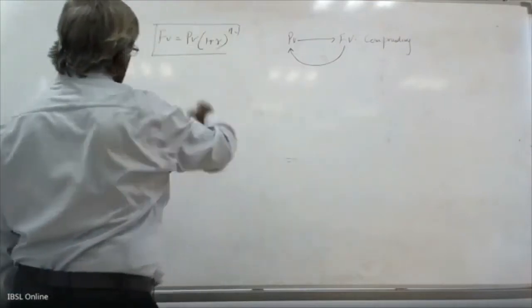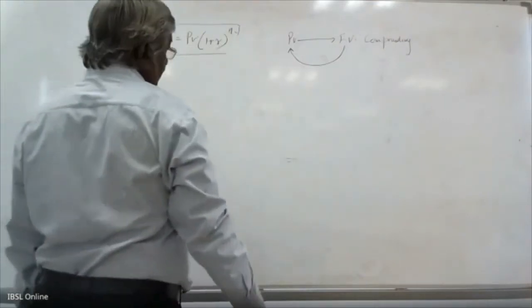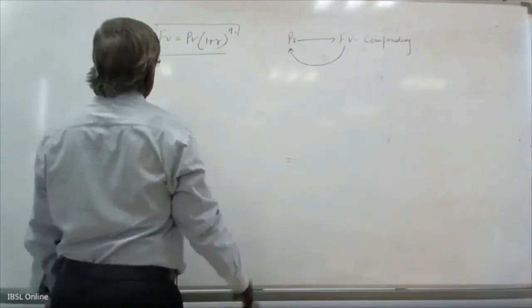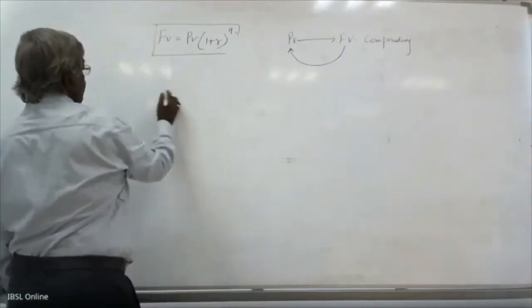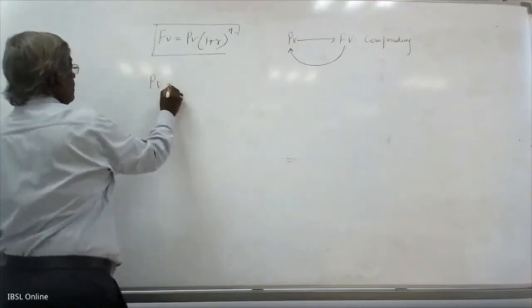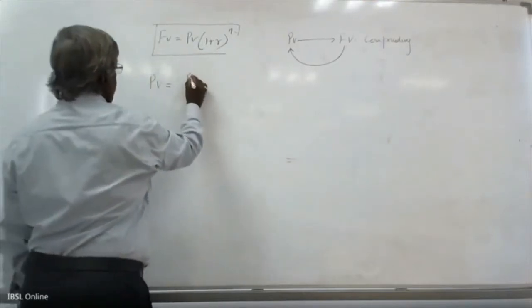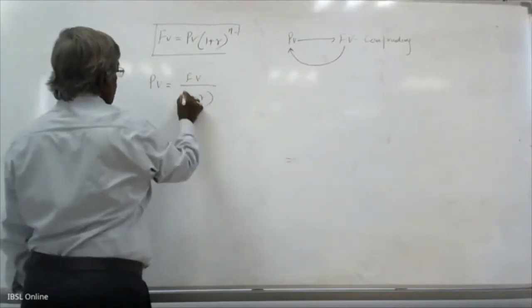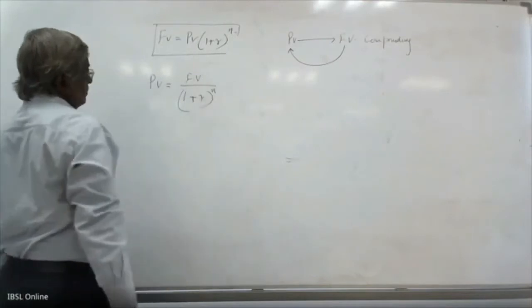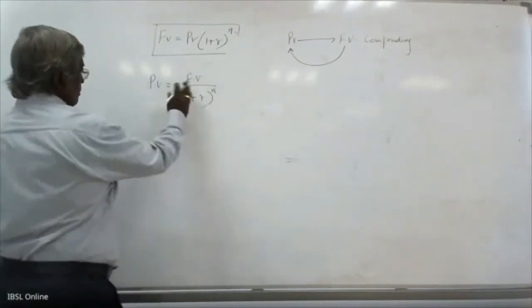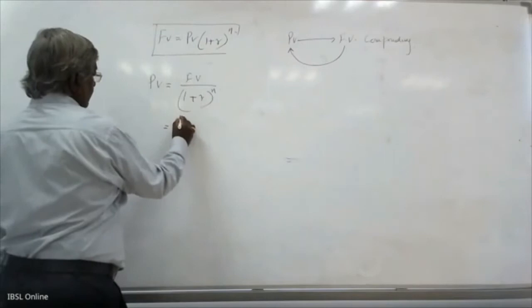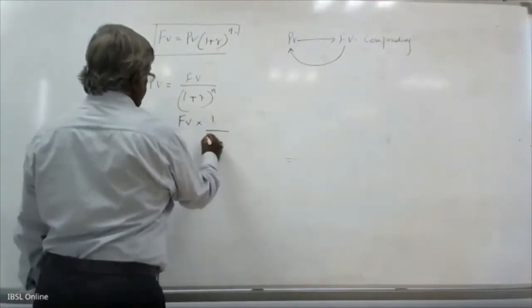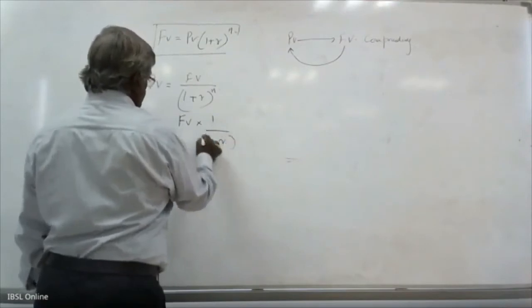Now from this formula, you can develop another formula to find the present value from the future value. So make PV the subject. PV is equal to FV divided by 1 plus R to the power n. So you can write this like this also: PV is equal to FV into 1 divided by 1 plus R to the power n.